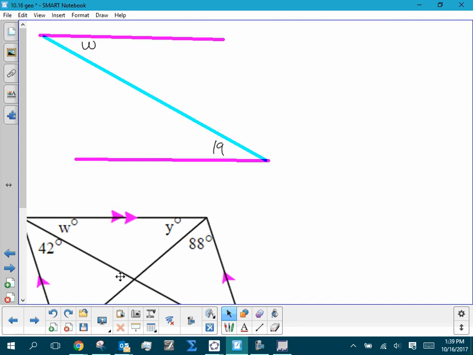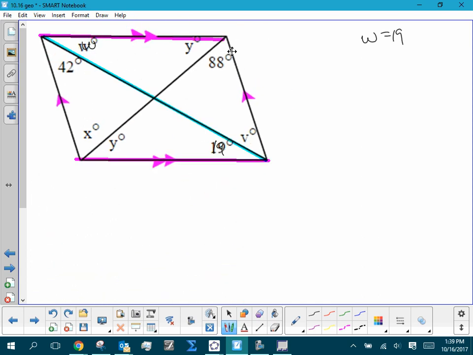Now you can make the argument that W is 19, right? Because they're alternate interior again. And what happens is that people want to look at this picture holistically and think about the whole thing at once, and there's just so much going on that it gets confusing, right? Redraw the picture, maybe grab some crayons or highlighters or markers and highlight things to focus and narrow your attention.